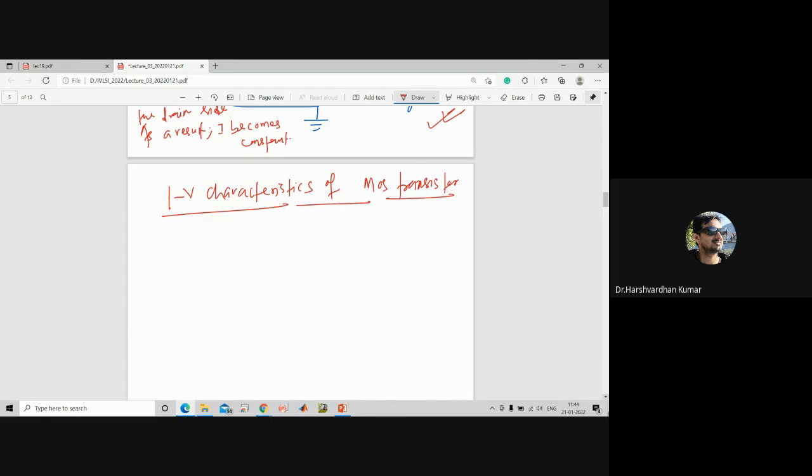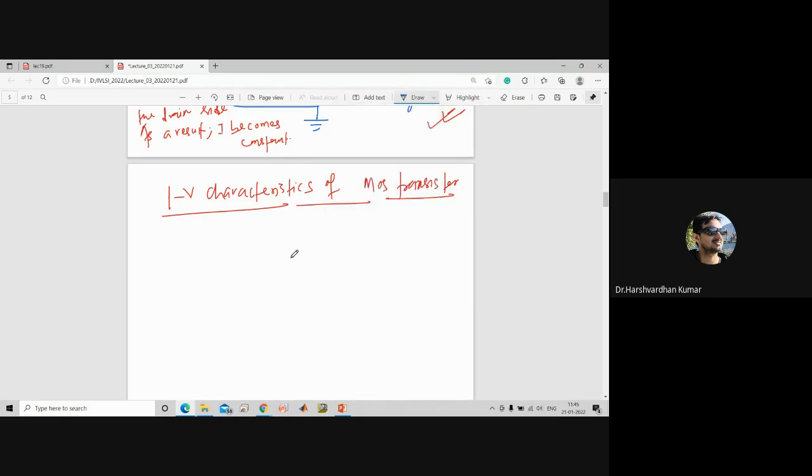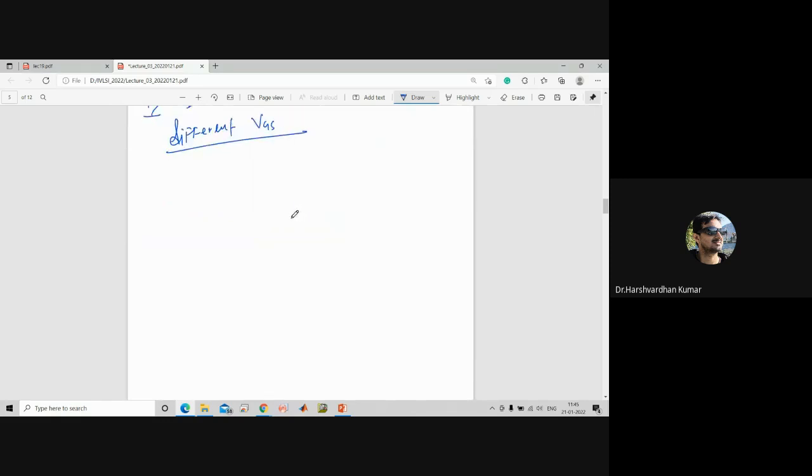First of all, we will draw the IV characteristics for ID, that is the drain current, versus drain to source voltage, that is VDS, for different gate to source voltages, right?